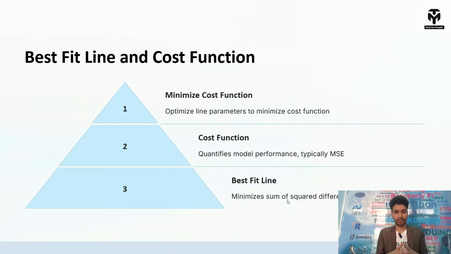Coming to the best fit line, you have something called the cost function. What is a cost function? When the model is getting trained, your goal should be to minimize the errors, that is, the distance between the data points and the best fit line. You should draw a line where the error among all the data points and the best fit line is small.